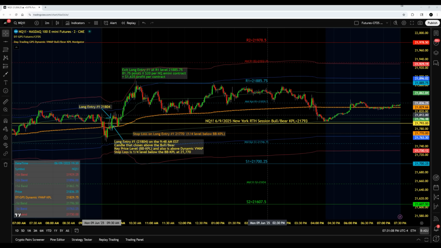Most people, though, trade the New York RTH session, but just so you know, if you're a trader that trades throughout the day and night, we do have levels that come out for each one of those sessions. So the London session levels come out at 1 a.m. Eastern, and the Asia overnight session levels for Nasdaq futures come out at 6 p.m. Eastern.